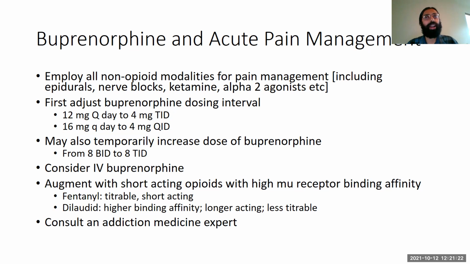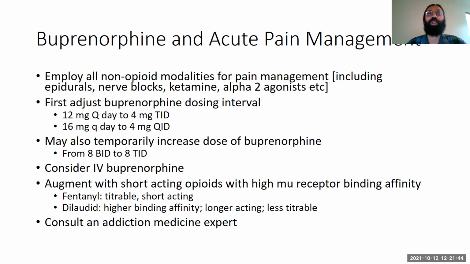And believe it or not, and this is one of the things we've learned a lot about in the last 5-6 years, even if someone is on buprenorphine, if their acute pain management need is great, you can actually augment that buprenorphine using short-acting opioids with high mu receptor binding affinity. And our anesthesia colleagues are wonderful at this, and they're expert at this.